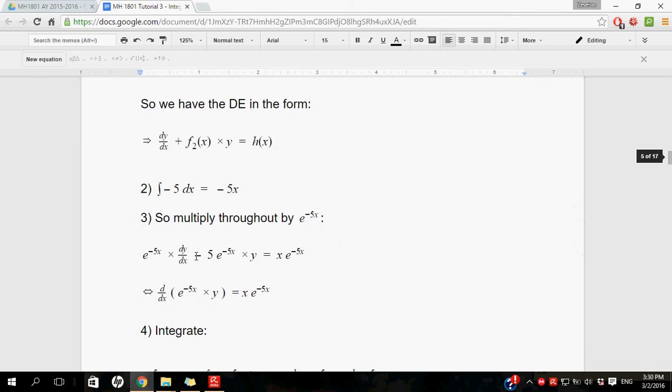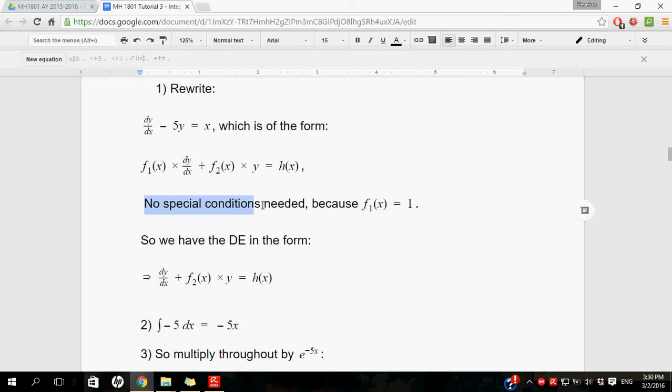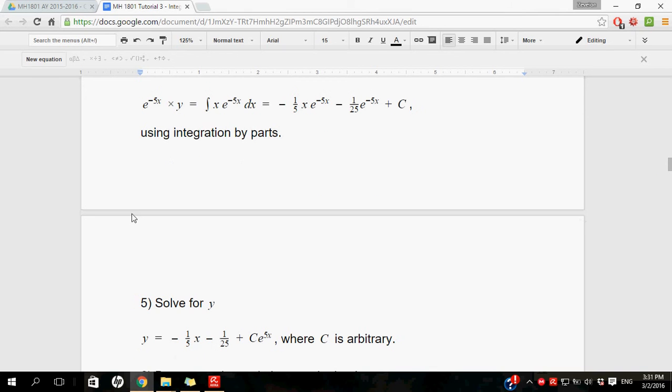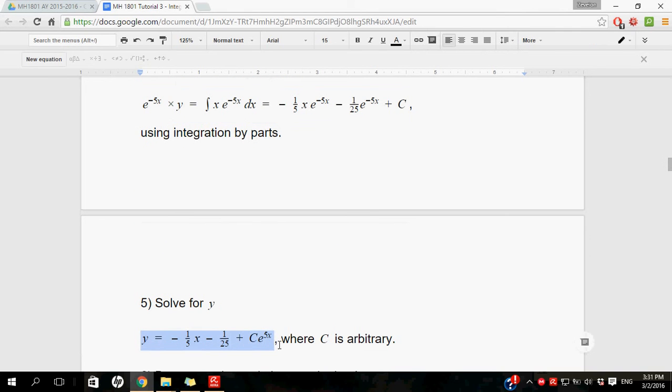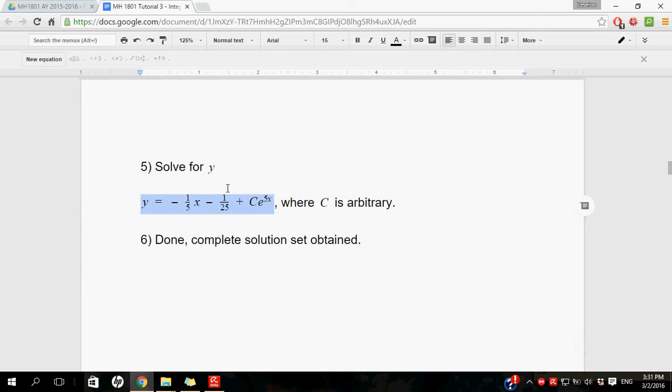It is because there are no special conditions, and the exponential is always positive, so there's no risk of dividing by 0. That means this is precisely going to cover all possible solutions. This is the complete set of solutions to our differential equation, and we are done for question 1.